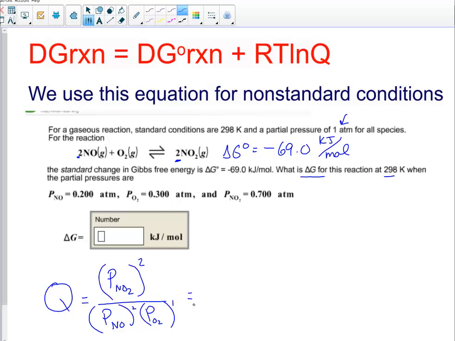Products over reactants, in which the coefficients become the powers with which you raise. We're solving for Q, which stands for the reaction quotient.